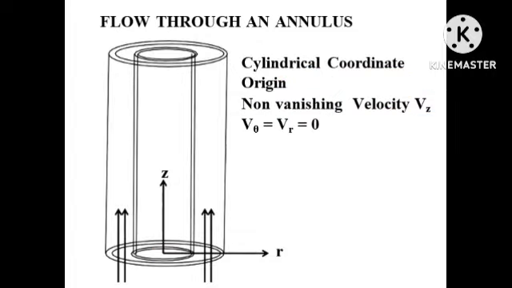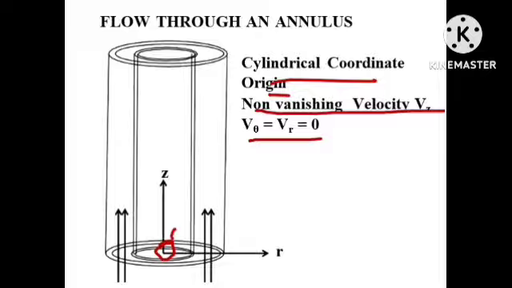Now moving forward, here we show the non-vanishing velocity Vz while moving forward, simply flow through an annulus as a cylindrical region, with the cylindrical coordinate given at the origin, 0, 0. This is in the z direction and this is in the r direction, and it is moving from downwards to upward direction.